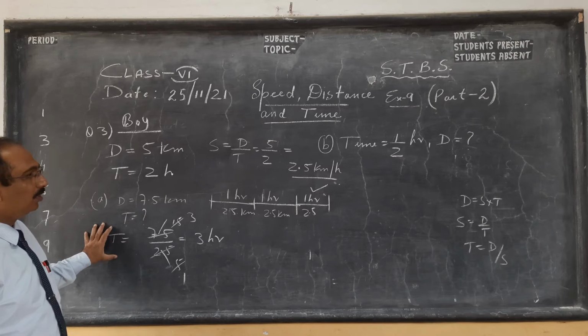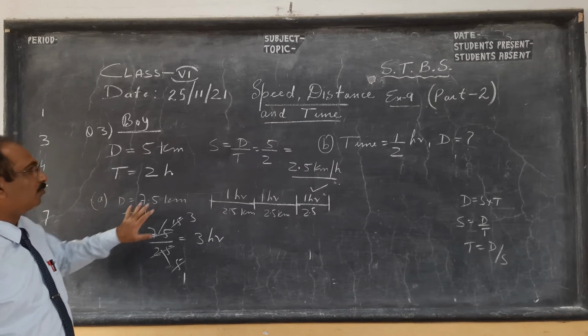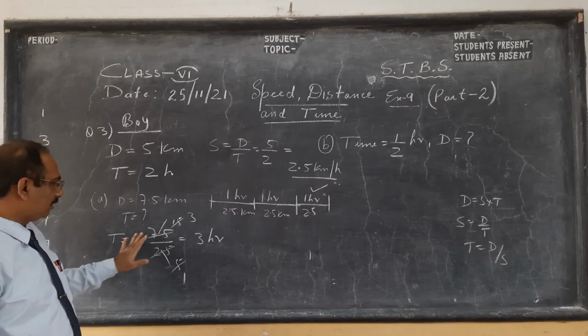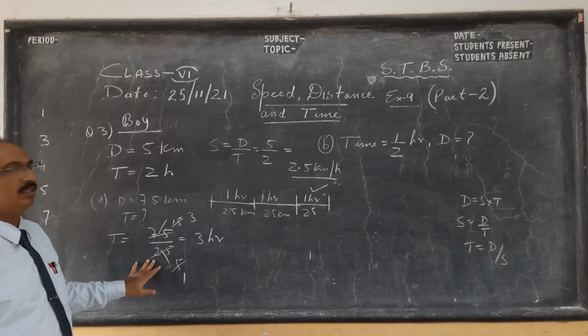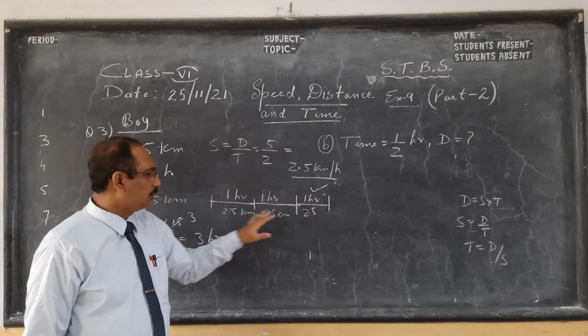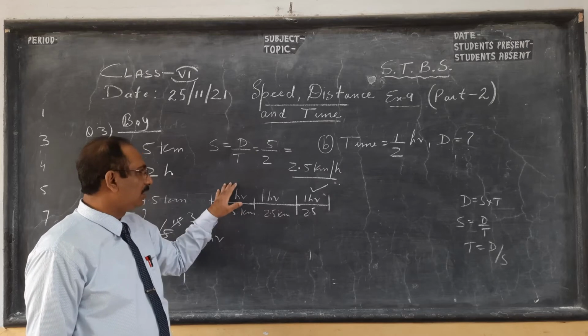So once more, for solving in an exam, first when distance is given, you find the speed. In 1 hour he goes 2.5 kilometers. Therefore to cover 7.5 kilometers, time will be distance by speed, 3 hours, and this is the logical method. Okay, so in 3 hours he will go 7.5 kilometers, 2.5 kilometers in 1 hour.